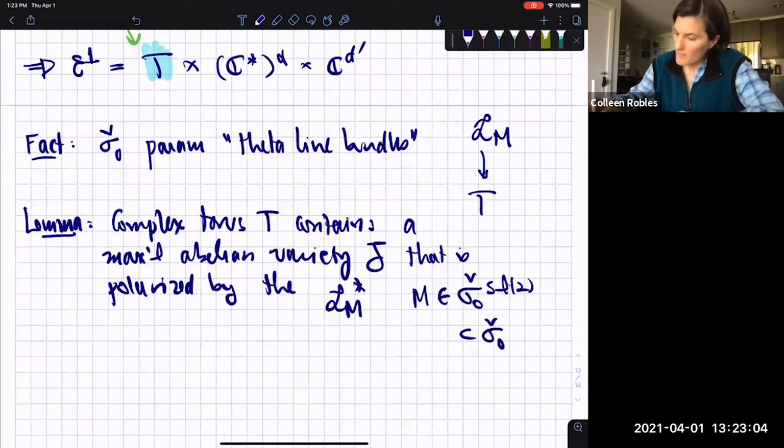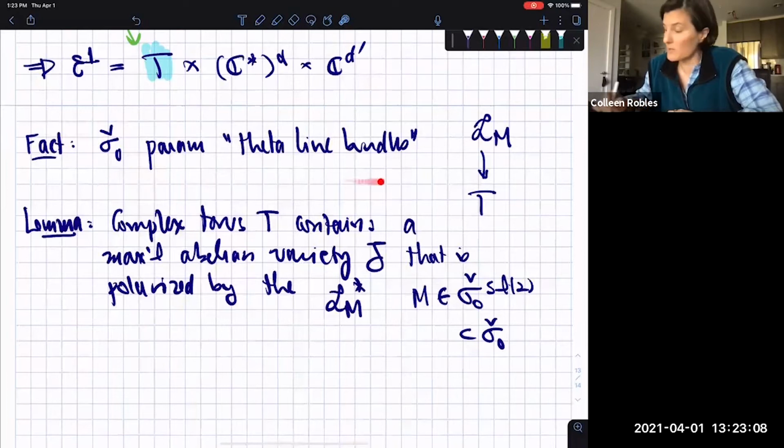Okay. So the point here is just that the dual cone gives us a bunch of line bundles over these tori. In fact, they're defined over the full fiber, but they give us line bundles over the tori, and we can find a non-empty subset of them that polarize the Jacobian variety.